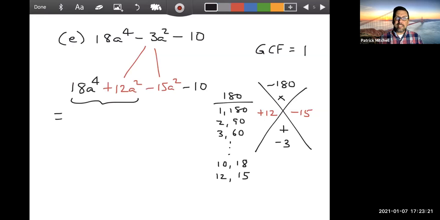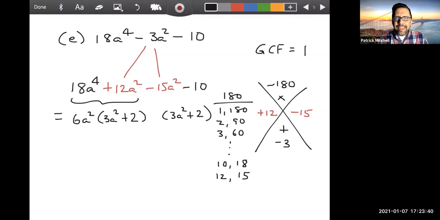I can pull out 6a squared, and my other factor would be 3a squared plus 2. And in order to get a 3a squared plus 2 over here, I would have to pull out a -5, right? So my common factor is 3a squared plus 2. My other factor is 6a squared minus 5.